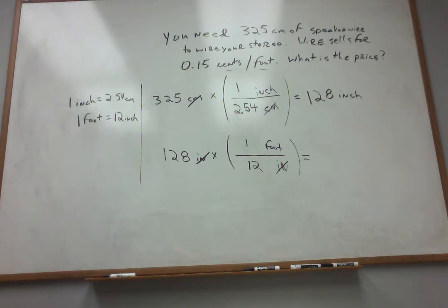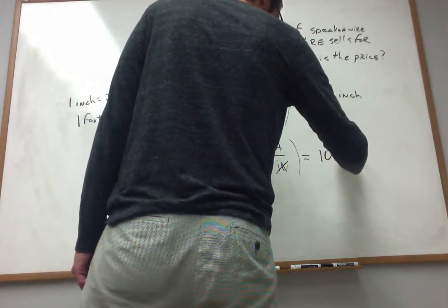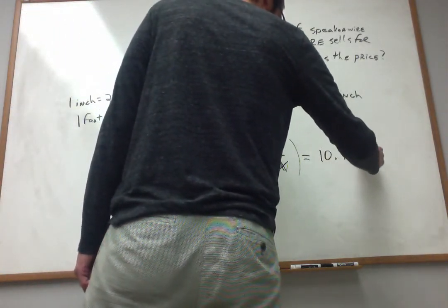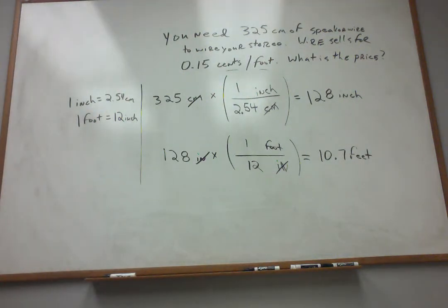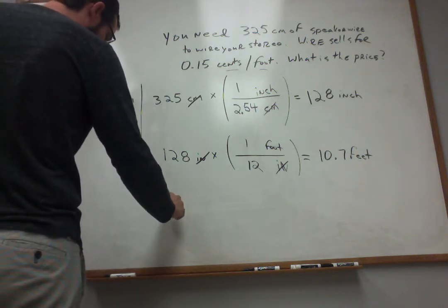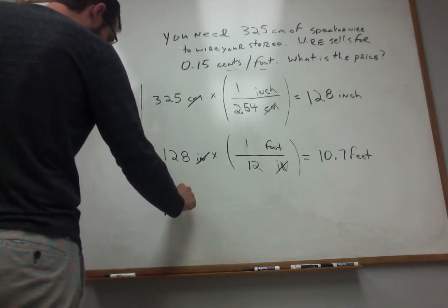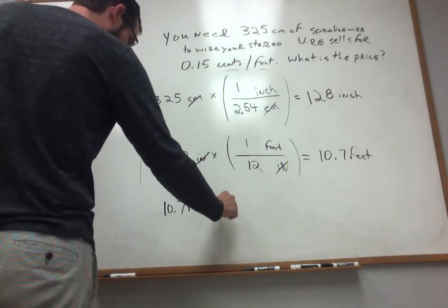So if we do the math on this one, we come to the quick realization that we need 10.7 feet of this speaker wire to make this work, okay? And we're still not at the final answer because we want to know the price. So we know that wiring our stereo requires 10.7 feet.